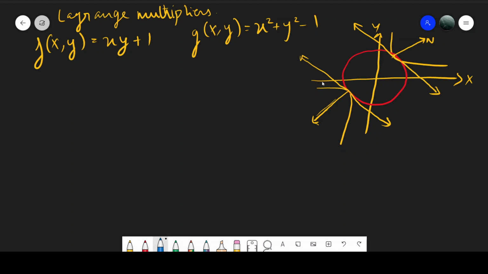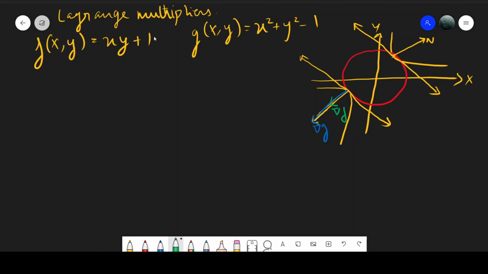Since they both share a common point on the tangent and they both have normals, they have gradient vectors as well. Let me call this the gradient vector of g, and this the gradient vector of f. So it's easy to see that the gradient vectors are scalar multiples of one another. They can be a scalar multiple of 2 or 3 or 1.5 or -2, I don't know, but it's easy to see through geometry that the gradients are scalar multiples of one another.